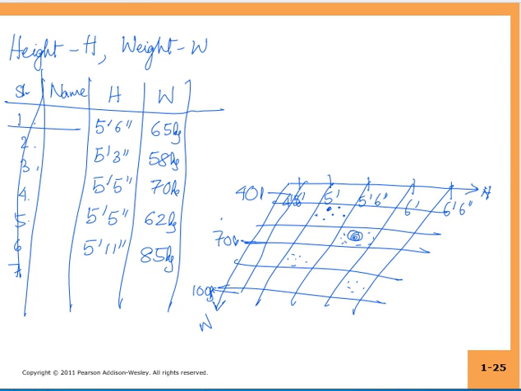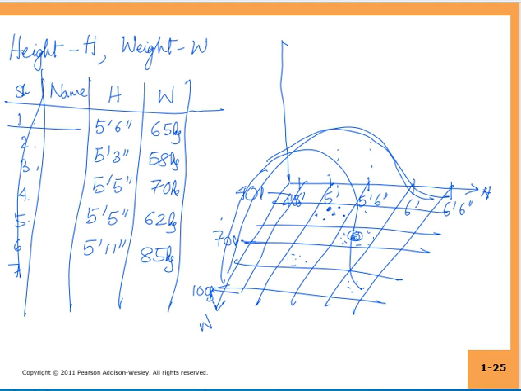Now suppose you could imagine that you take these individuals and you make them stand on top of one another, if they could possibly stand on top of one another. Then the surface that will be formed on top of this entire group, this surface is basically the joint distribution of height and weight.